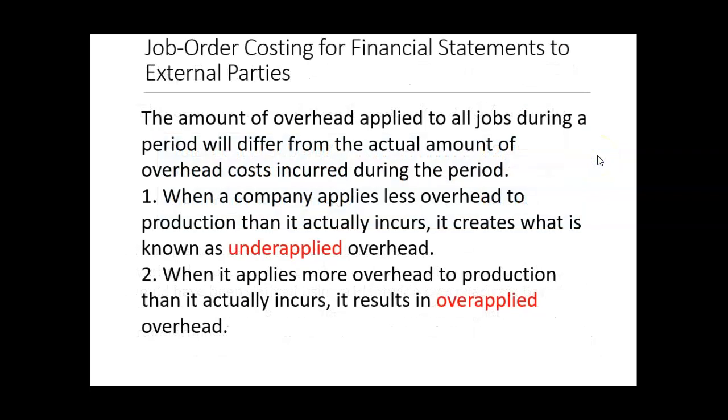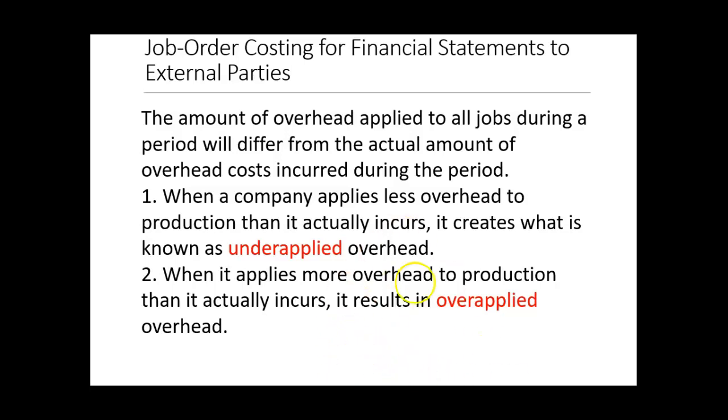Okay? Now, the overhead that we're applying could be underapplied or it could be overapplied. Underapplied means that we apply less overhead to a job than the actual amount that incurs. Overapplied means that we applied more overhead to the job than what actually incurred.